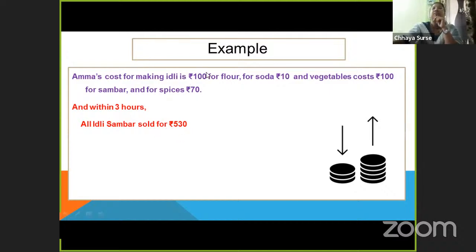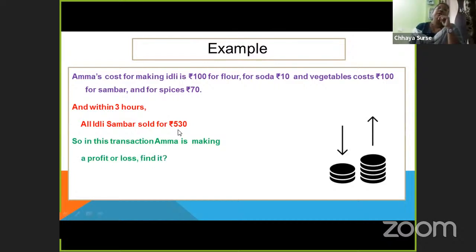Amma invests this money: 100, 10, 100 and 70 rupees. This is the total amount, Amma's total cost for making idli. But all idli sambar sold for 530 rupees. Now see, in this, is Amma making profit or loss?